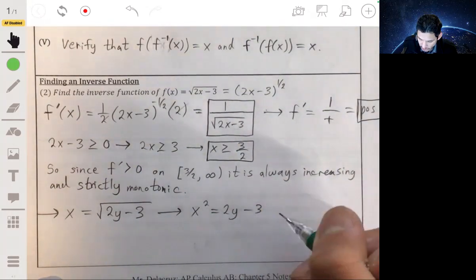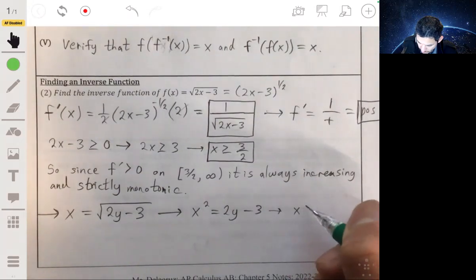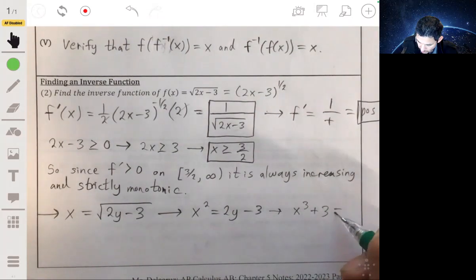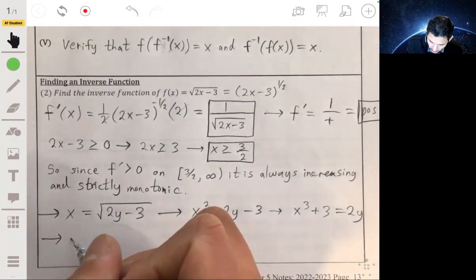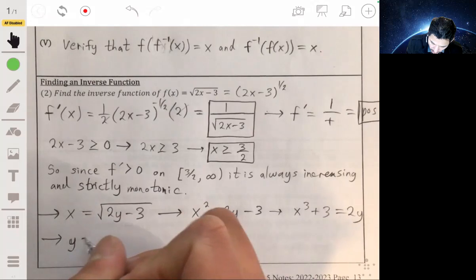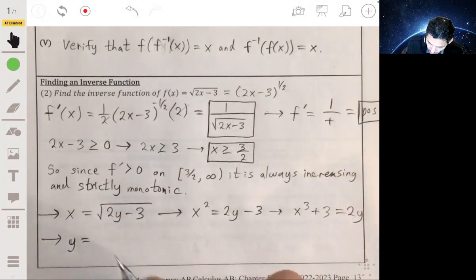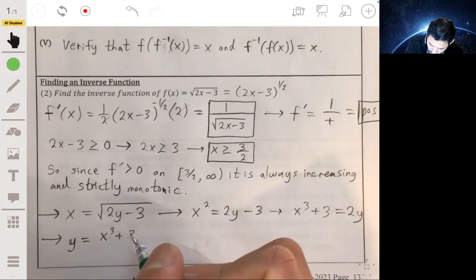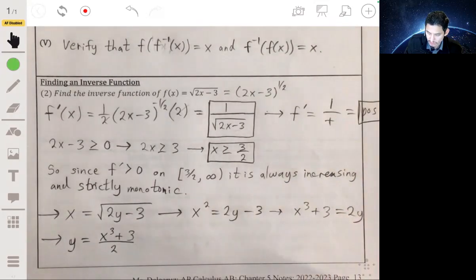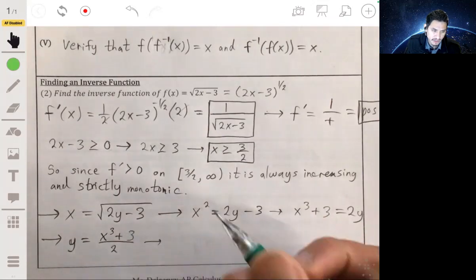And then add the 3. So we get x squared plus 3 equals 2y. And divide by 2. So then you get y being equal to x squared plus 3, all over 2. So remember, the y is your output.